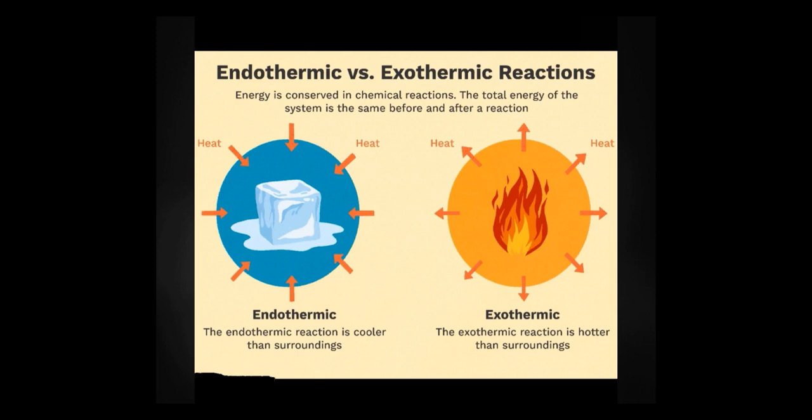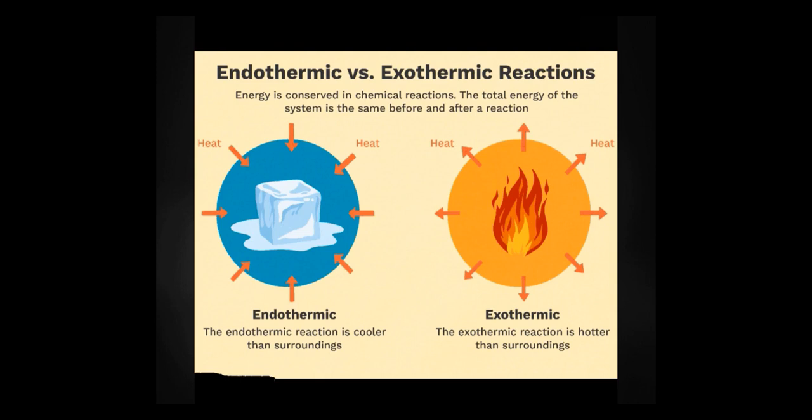It is also important to note that the heat content of the system is raised in an endothermic change. Whenever an endothermic reaction takes place, it will absorb heat from the environment, and its heat energy will increase because it is absorbing heat from the environment.